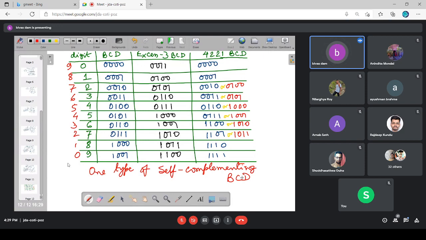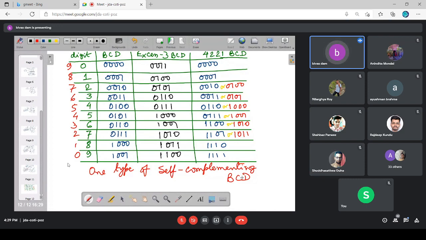In the case of self-complementing BCD, if I go for the bitwise complementation of any BCD pattern, we arrive at the BCD pattern of the corresponding 9's complement. If any BCD encoding rule satisfies this criterion, that particular rule will be termed a self-complementing BCD rule. Does the normal BCD or the 8421 BCD rule come under the self-complementing BCD? No, sir. But the excess-3 BCD comes under this self-complementing BCD category.